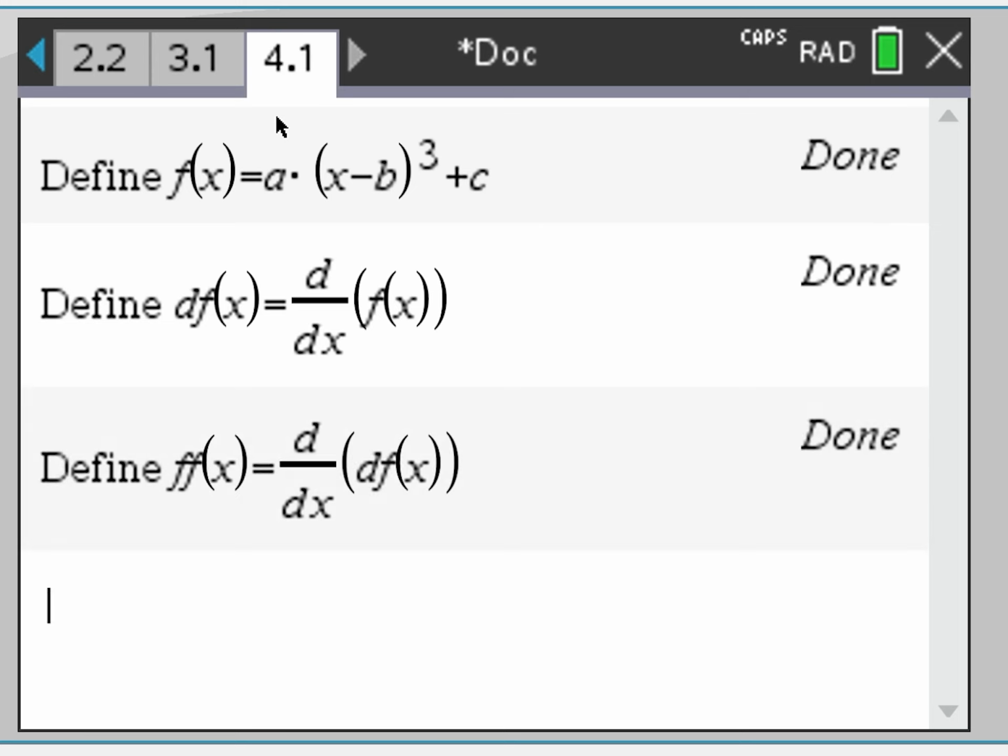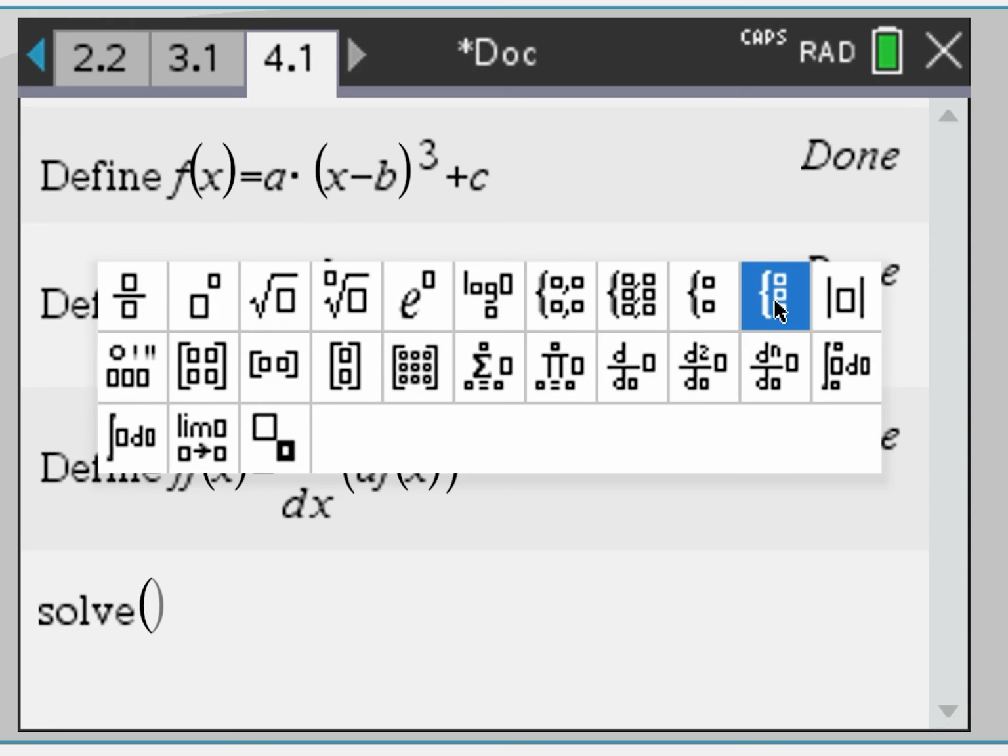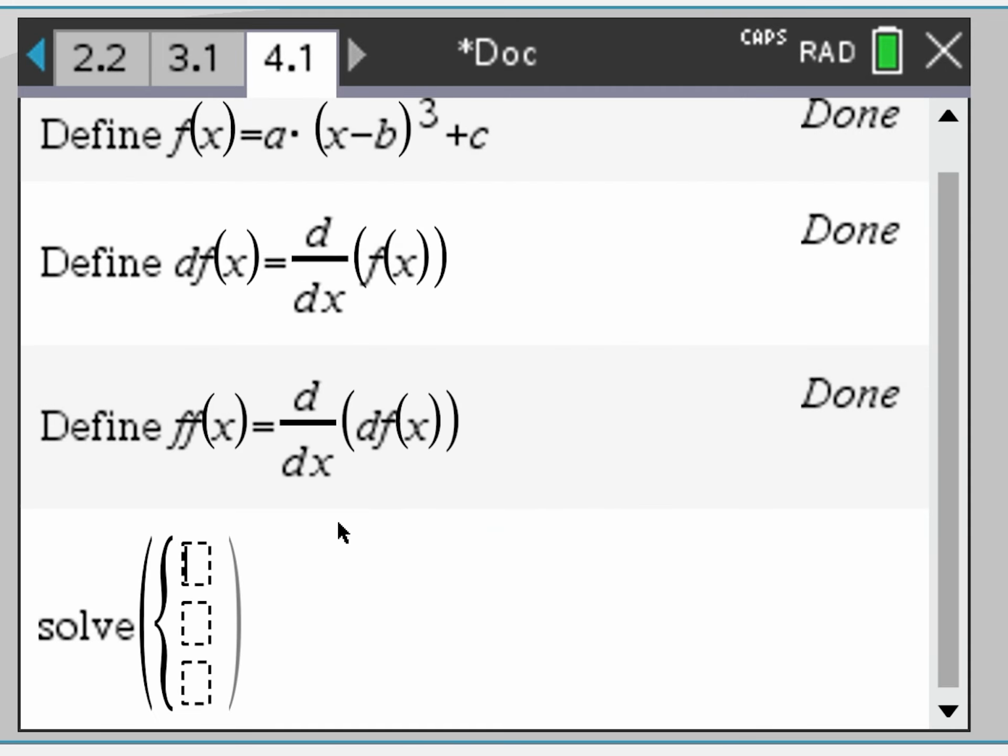Okay, and now we'll just use the 3 pieces of information that we got from the question to find the values of a, b, and c. So we'll do solve, and we'll have to do the simultaneous equation. Okay, and we know that f of -2 is 2.